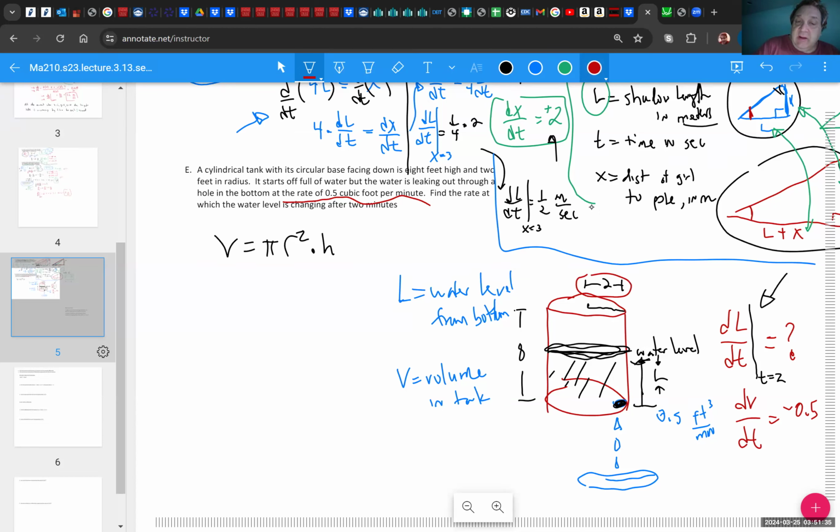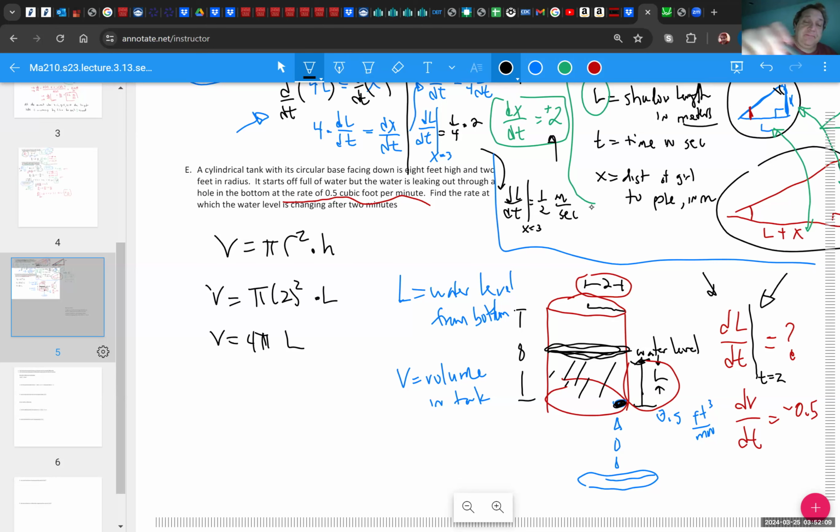And the height of our cylinder we've written as L. So using those values, we get pi times 2 squared times L. So that's the volume that involves the letter L. I'll just clean this up a little bit: 4 pi L. And if you did it a different way, what you found would be equivalent to 4 pi L. Okay, so this is an equation that involves the letter we want, L.